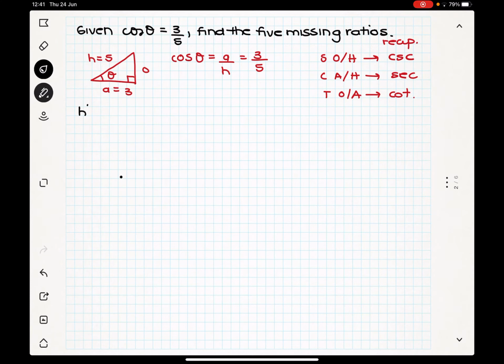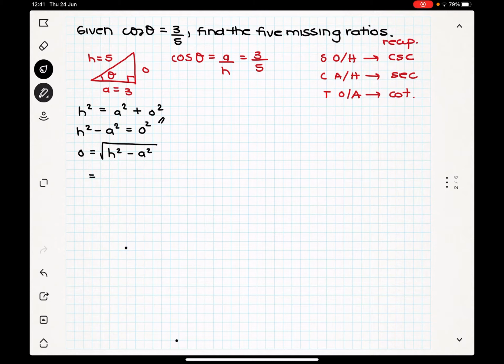I have hypotenuse squared equals adjacent squared plus opposite squared. I need to find the opposite, so hypotenuse squared minus adjacent squared equals opposite squared. So opposite is going to be the square root of hypotenuse squared minus adjacent squared.